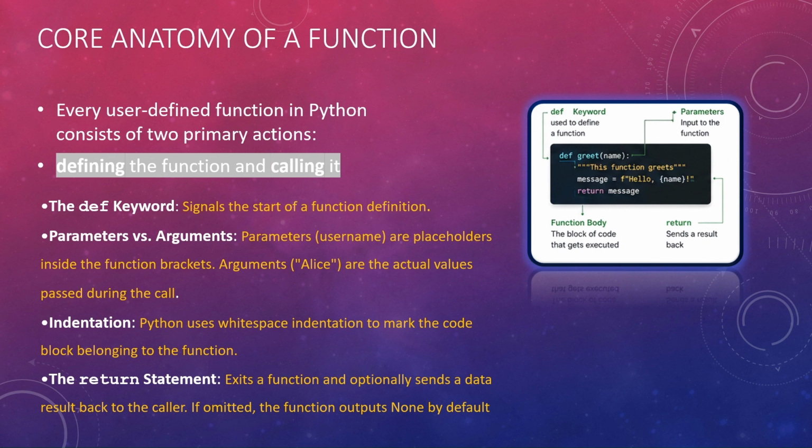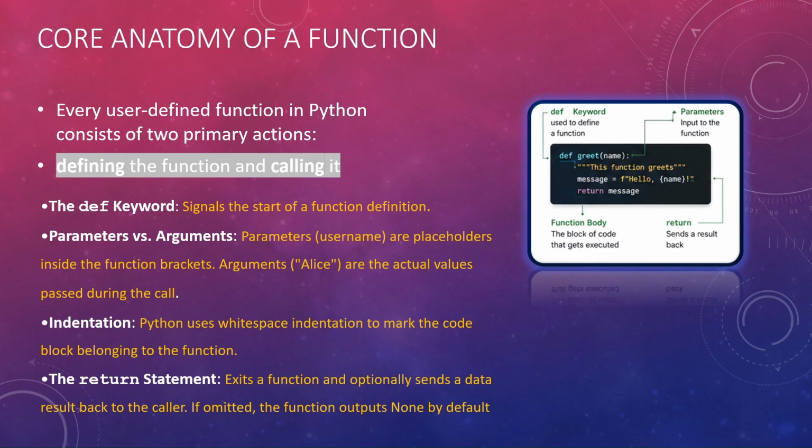And then open and close brackets, in which you have parameters like username. These are placeholders inside the function brackets, through which you will pass arguments. That means you will pass the values which will go into the function, and the actual values are passed during the call. When will you get these values? Whenever you call, you will pass the value. We'll see in the example how it is done.